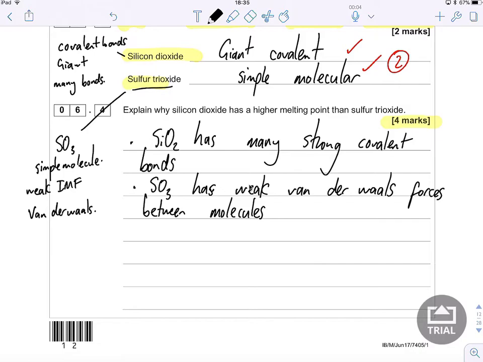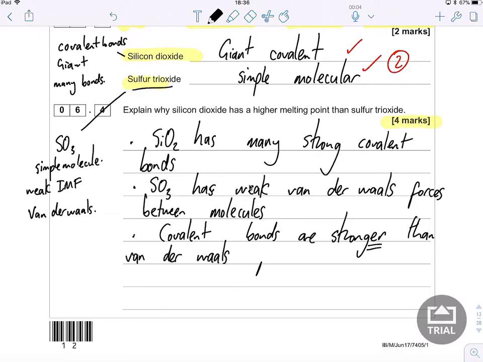So I'm going to compare those two forces now. So covalent bonds are stronger, and it's that ER word that's really important there, than van der Waals forces. So take more energy to overcome.